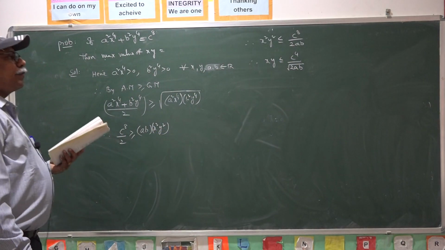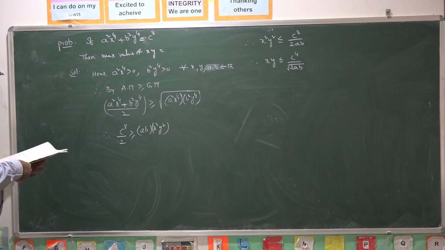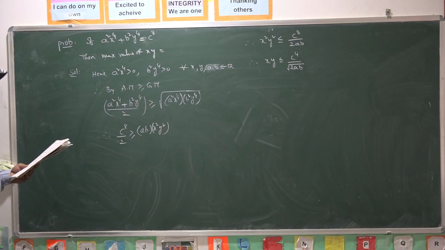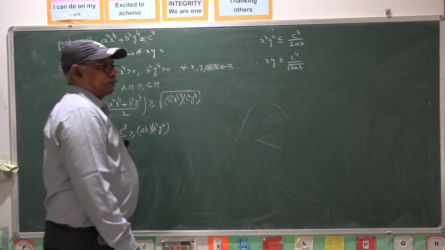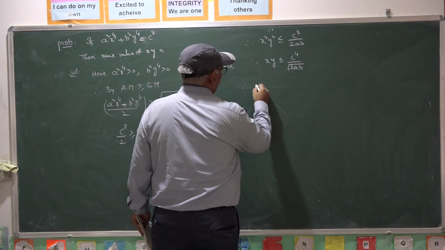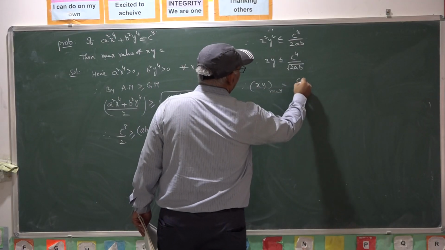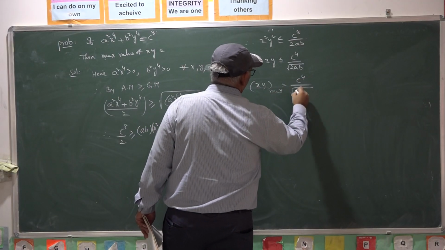So the maximum value of the product x into y equals c power 4 by root 2ab.